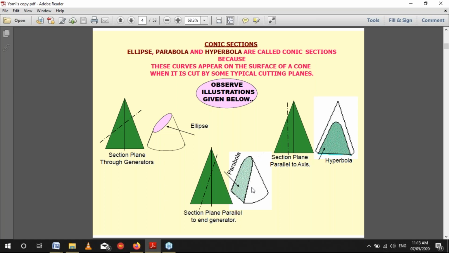For ellipse, the eccentricity is less than 1. For parabola, the eccentricity, denoted by capital E, is equal to 1. Then for hyperbola, the eccentricity is greater than 1.